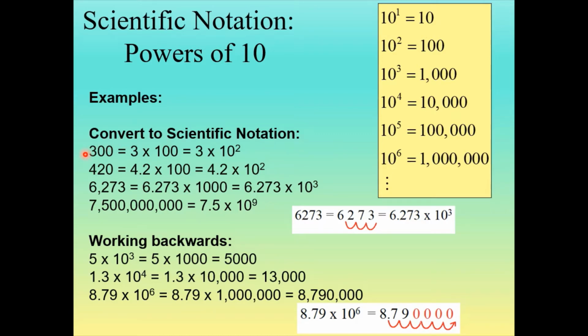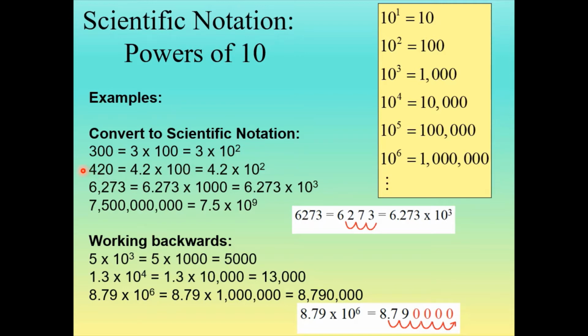So for example, let's say we want to take this number 300 and convert it to scientific notation. 300 is 3 times 100, and remember 100, we can look up here, is 10 squared. So we can write 300 as 3 times 10 to the second power.